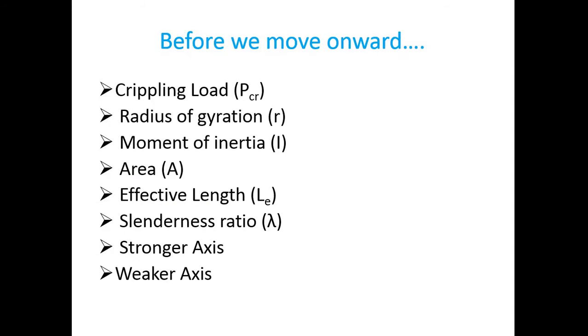Before we move onward, you need to understand the terms crippling load, radius of gyration, moment of inertia, area, effective length, slenderness ratio, stronger axis and weaker axis. Some of the terms you have already studied in engineering mechanics, for example radius of gyration and moment of inertia.